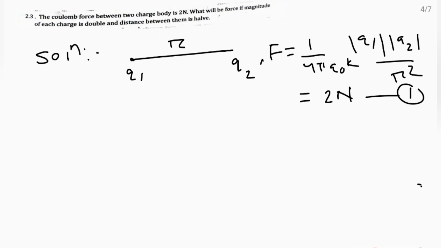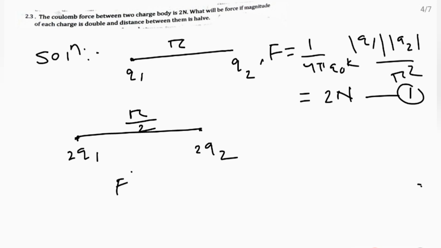Now according to the question, each charge becomes double. q1 now becomes 2q1, q2 now becomes 2q2, and the distance between them is half, that means r by 2. So what will be the force?